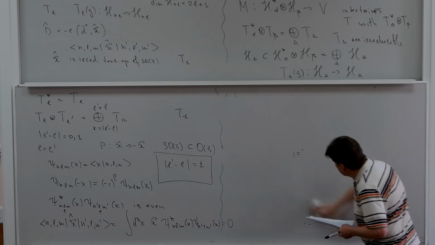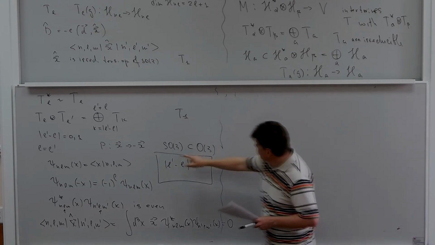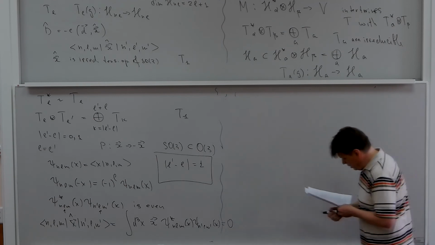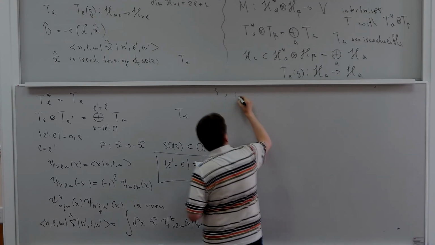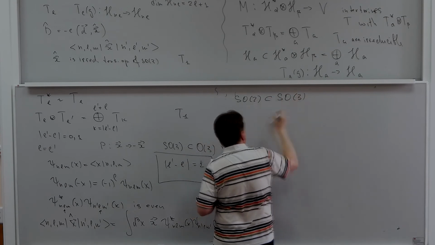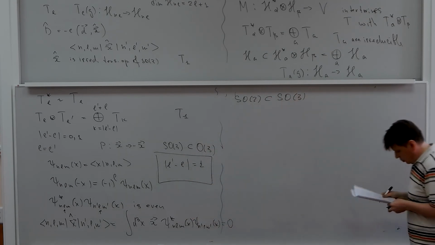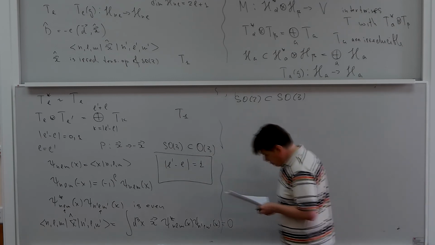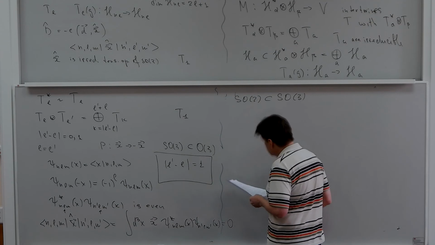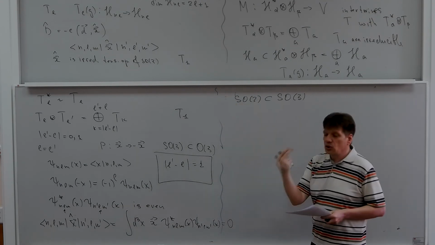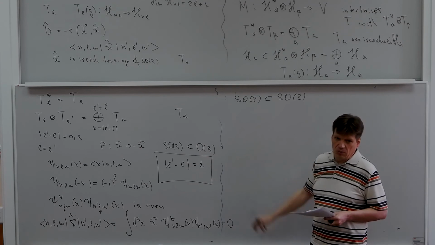Let us restrict the full symmetry group, the rotation group SO3, to its axial subgroup SO2. This subgroup is generated by the third component of the angular momentum.